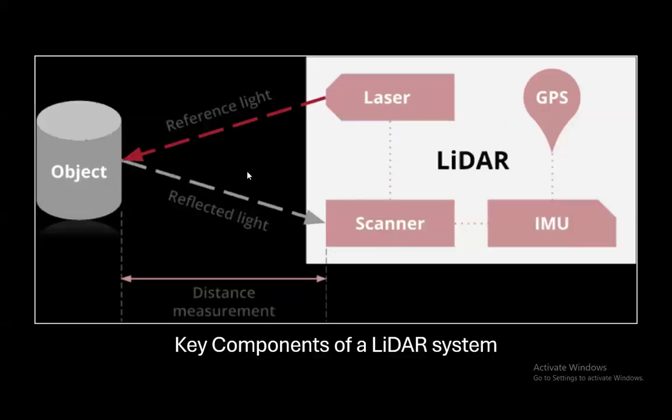Okay. So the next thing is, what are the key components of a LiDAR system? Although there are many small things, small chips, ICs, different things are there, if we categorize, there are mainly four components in a LiDAR system, irrespective of wherever you are using it, whether it is terrestrial or aerial.